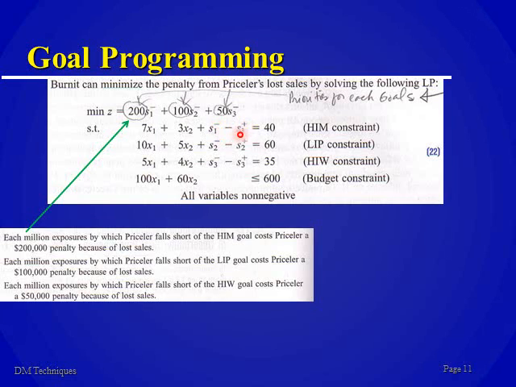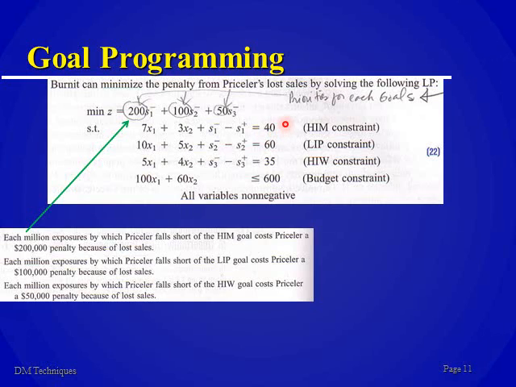If you recall, these equality constraints were before greater than or equal constraints. So for this 40, for example, the goal was that the solution should result in these ads being seen by more than 40,000 people.